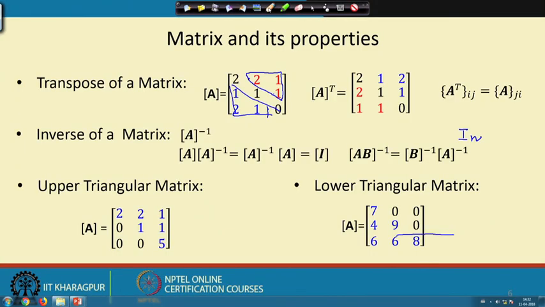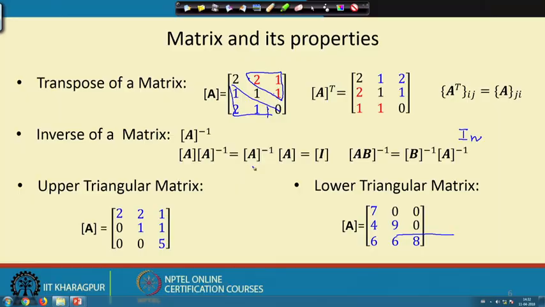So, inverse of a matrix, all of you have heard of the inverse of a matrix. Inverse means there exists a matrix for which if you pre-multiply or post-multiply with the matrix to be inverted, it will give the identity.